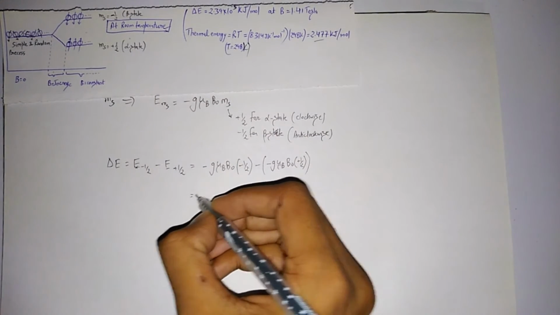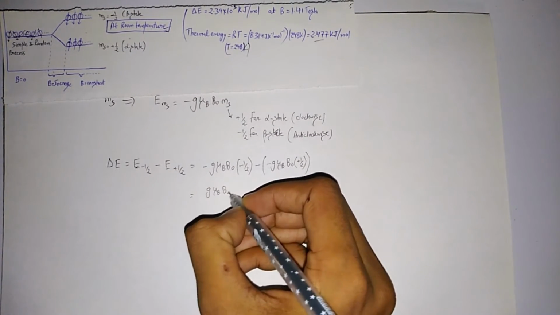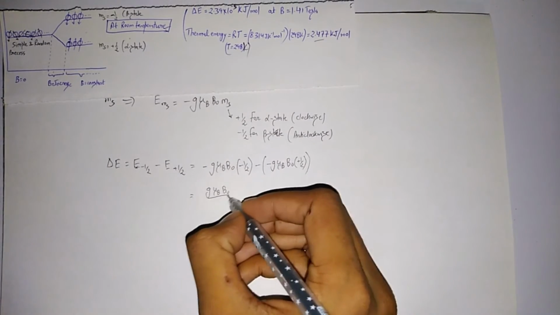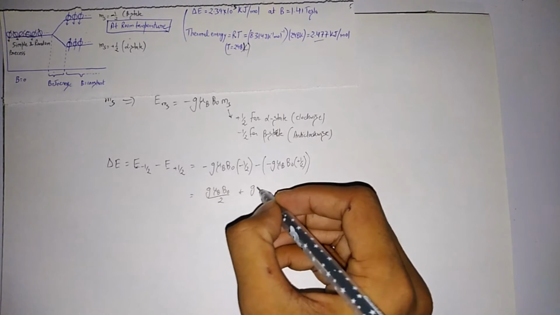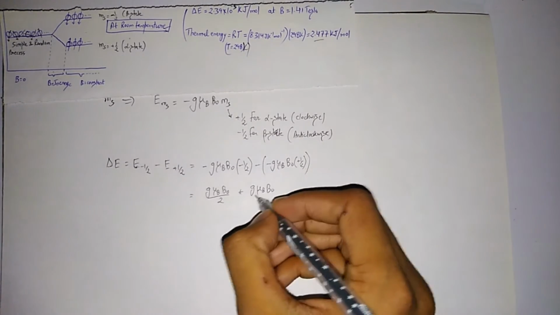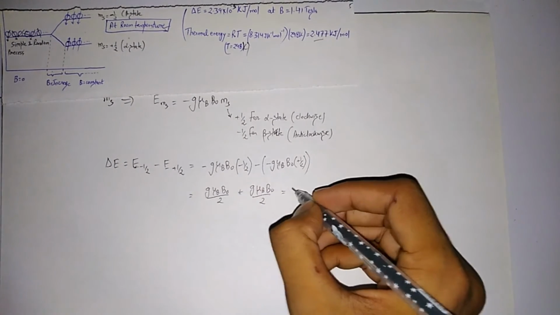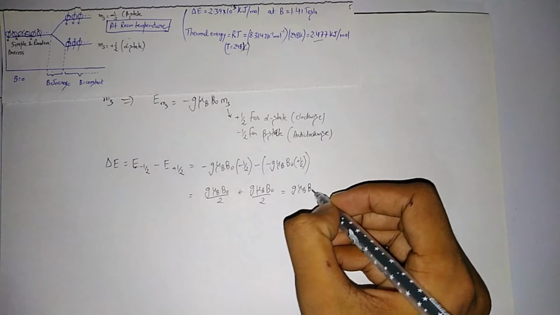So we get g mu B B naught divided by 2 plus g mu B B naught divided by 2. So overall it comes out to g mu B B naught.